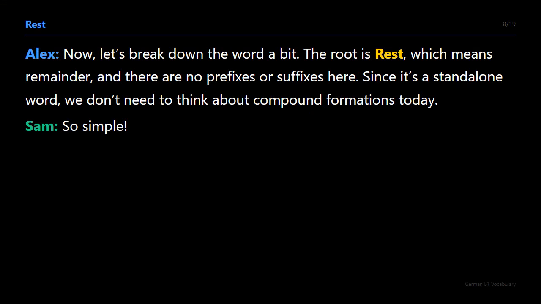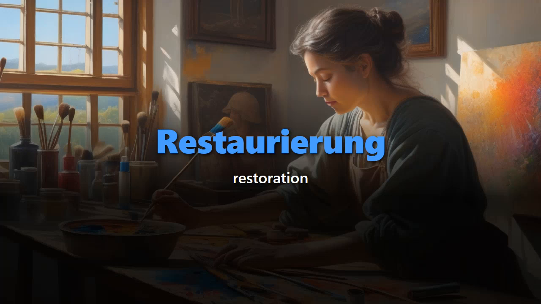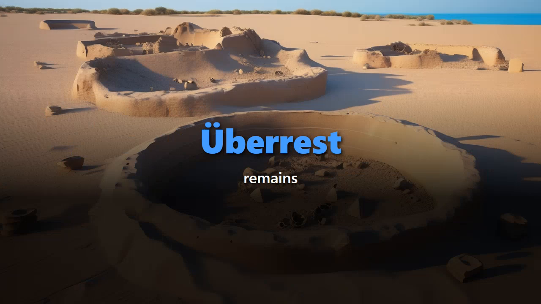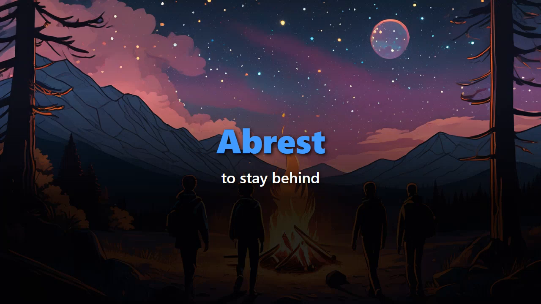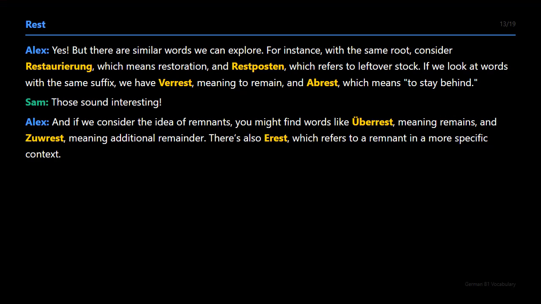So simple. Yes. But there are similar words we can explore.